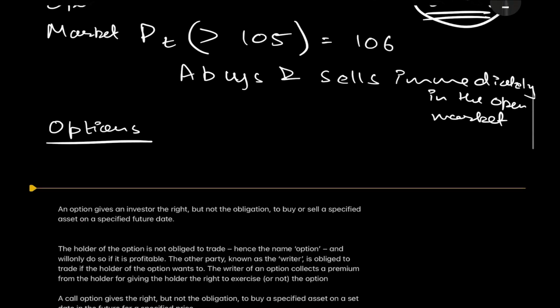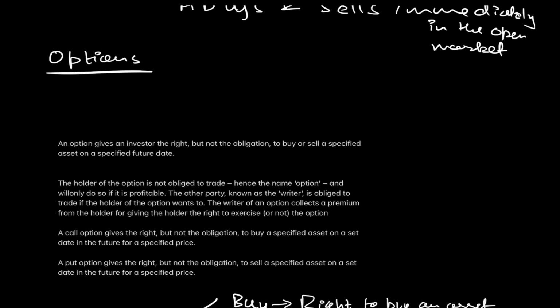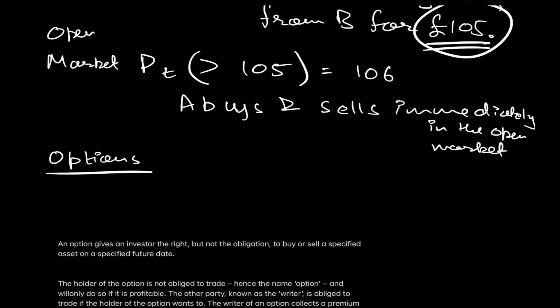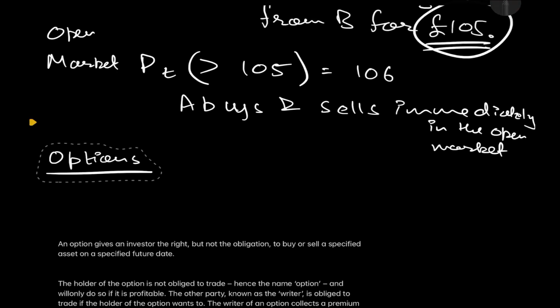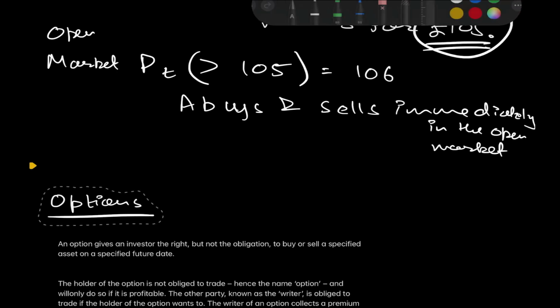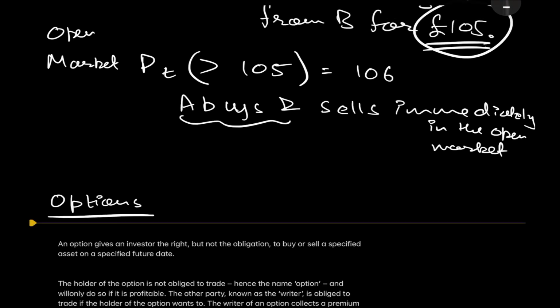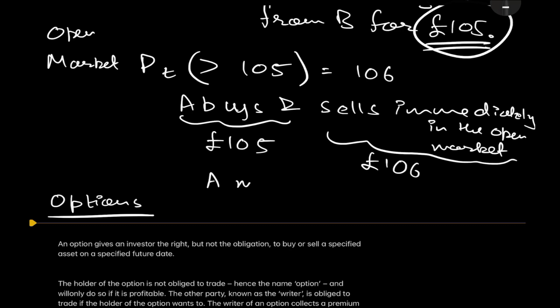So this is what happens. A buys and he sells immediately into the open market. So what will be the price that A buys for? They'll buy it for 105 because that's the contracted price. He or she can sell it immediately for 106. So A makes a profit.